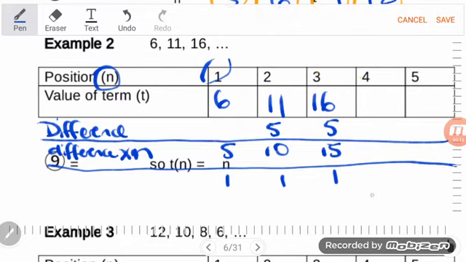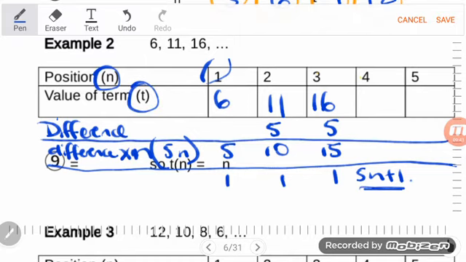So here we've got the difference is 5, 5n. Let's put that in brackets. So that's part of our rule. And then here we're adding 1 each time. So 5n plus 1. And that will be part of our general rule. But what equals 5n plus 1?